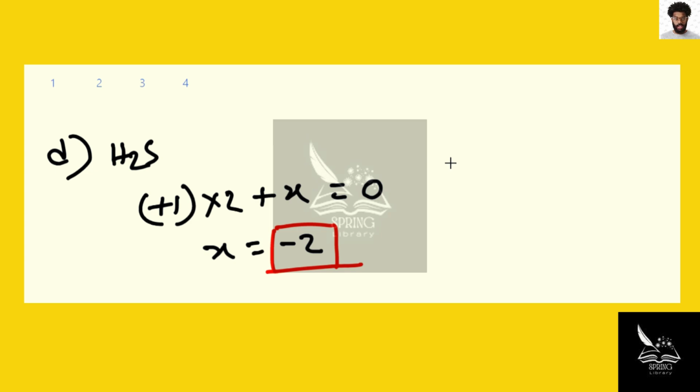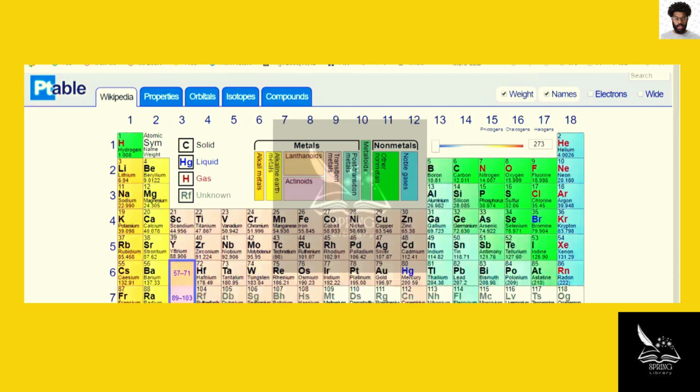Now in the next portion of the question, we have to locate sulfur in the periodic table. So if we look at the periodic table, we can see that sulfur is located in group 16 in the modern periodic table, or it is located in group 6A.